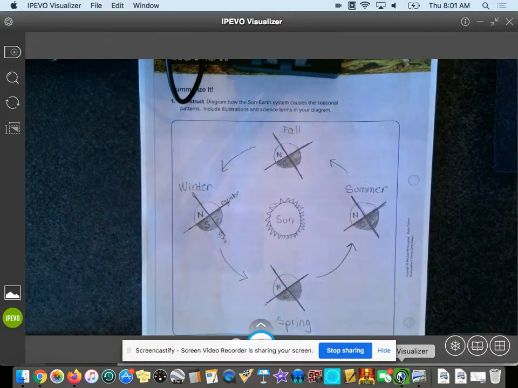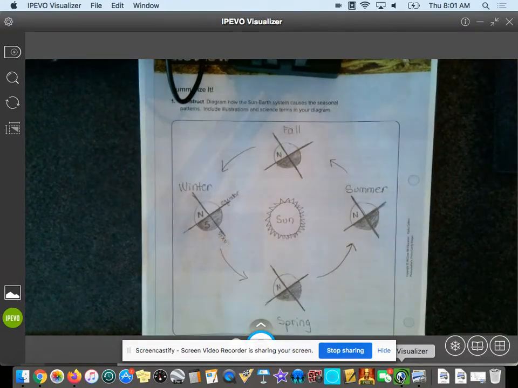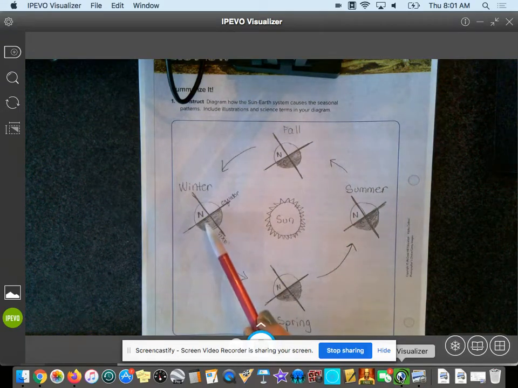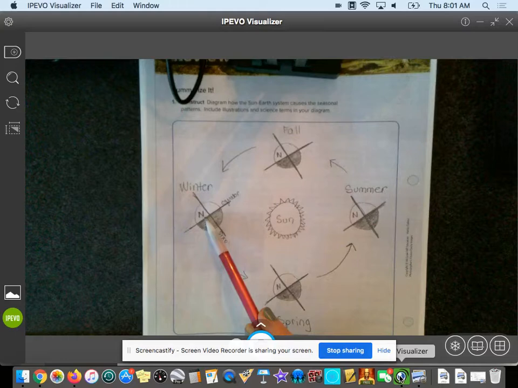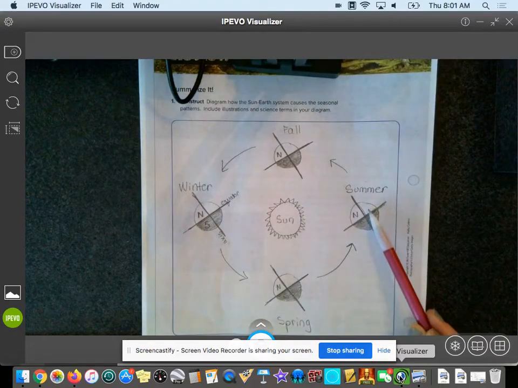The other thing that I paid close attention to is I took that equator so that I could tell the difference between the northern and southern hemisphere. And so what I decided to do is shade in the southern hemisphere, so that makes it visually obvious that as you go around the sun, winter is when the northern hemisphere is tilted away from the sun, and summer is when it's tilted towards the sun.